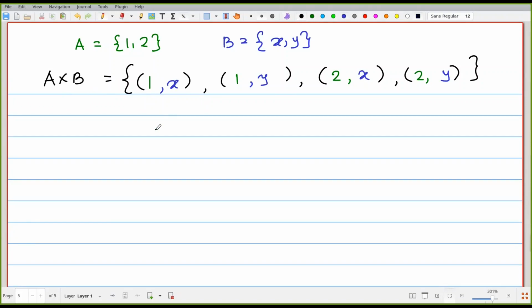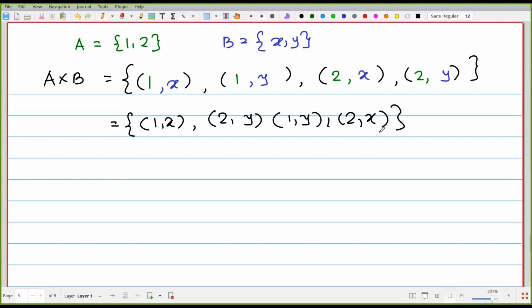But that is also true if we write 1 comma x, 2 comma y, 1 comma y, 2 comma x. That order is not important, because we already know that in any set the order of the elements is not important. But within a pair, the order must be kept.